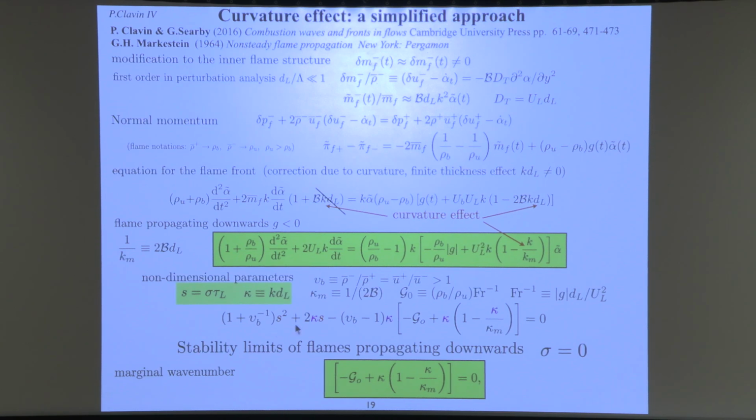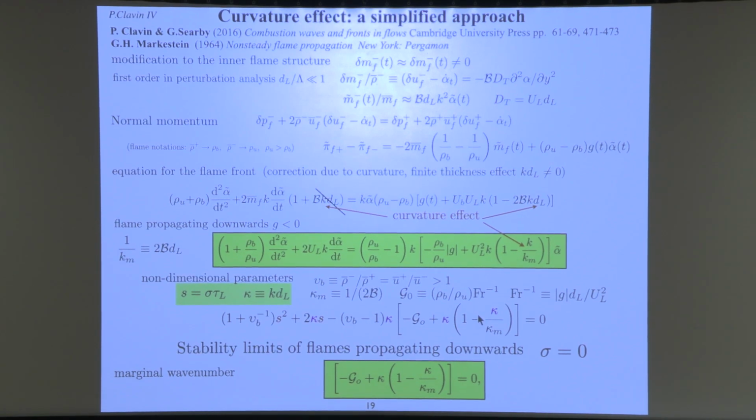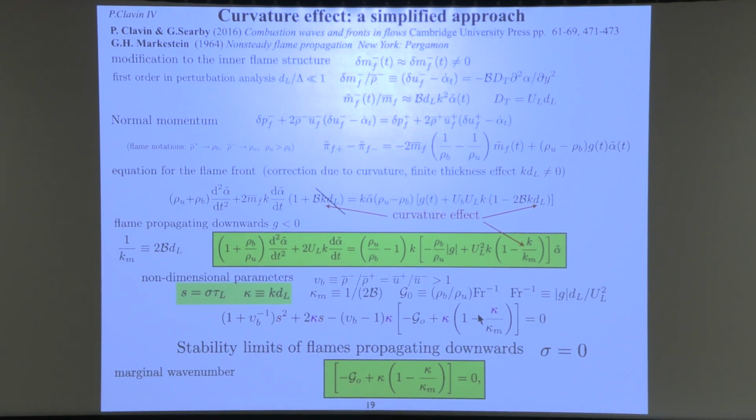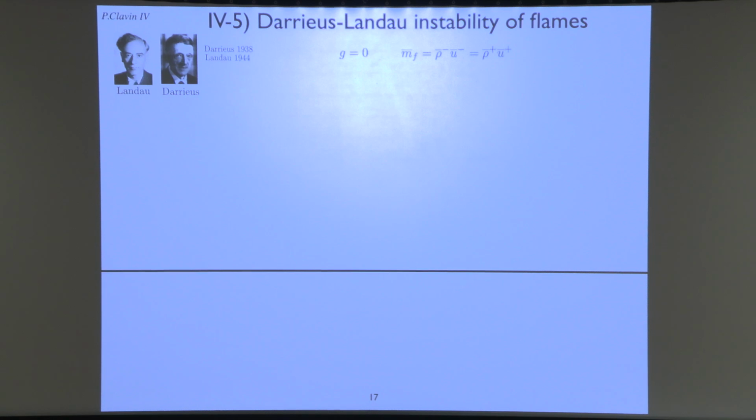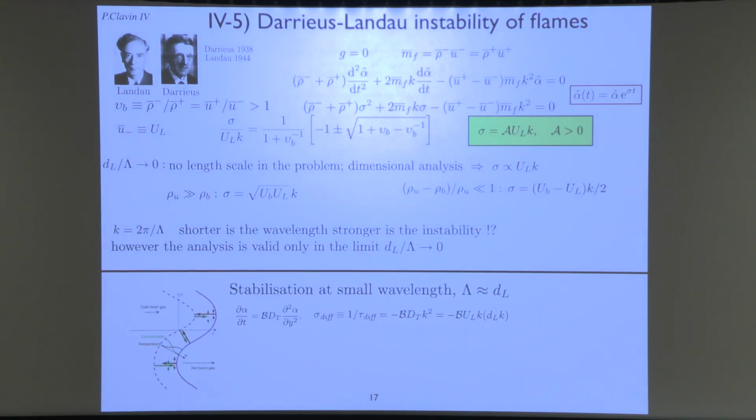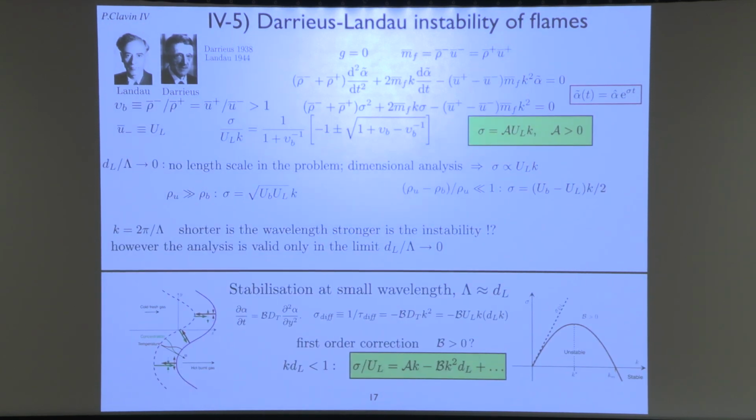Now, this S is, once again, a solution of a quadratic equation, an algebraic problem. You can say, I want to see what this marginal wave number is. Can I have an idea of how much it is?